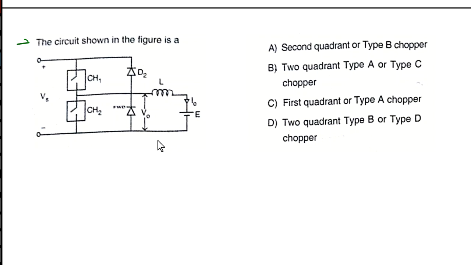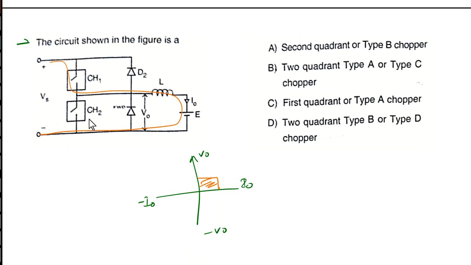First of all, draw this VI characteristics like this, and on the x-axis we consider the current I0, and here minus I0, V0, minus V0. Observe the current flowing in the circuit here. When CH1 starts conducting, the current will flow like this, the current will be positive. So this area is going to be covered.